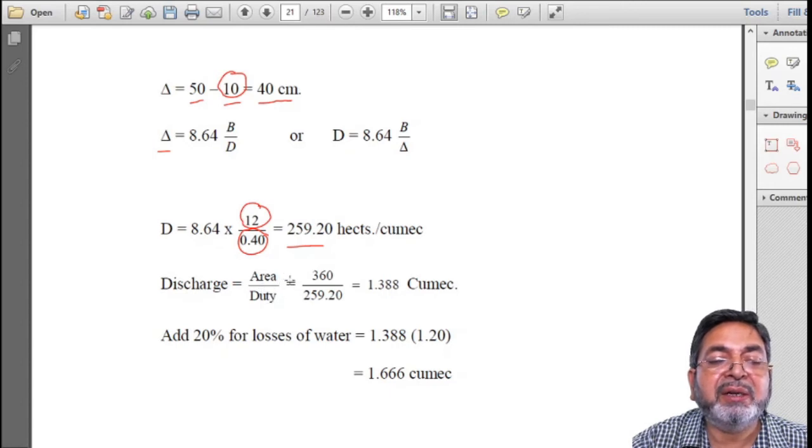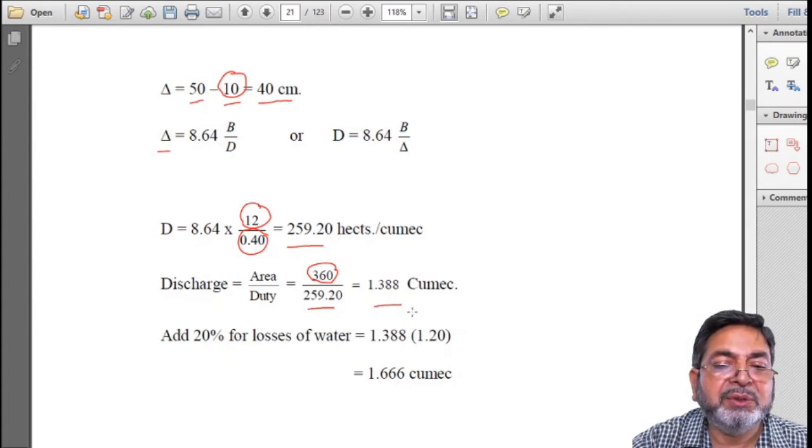Area you have earlier calculated as 360 hectares, and duty you have got 259.2, so this will be divided by duty, and discharge you are getting 1.388 cumec. I advise you to do all these calculations yourself. That will instill confidence in you, and you will get practice of doing all these problems.